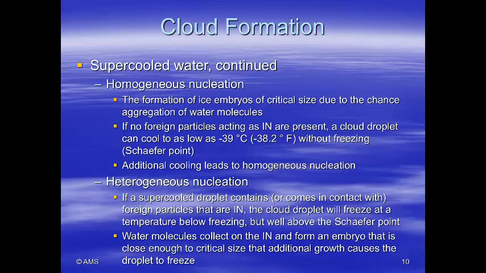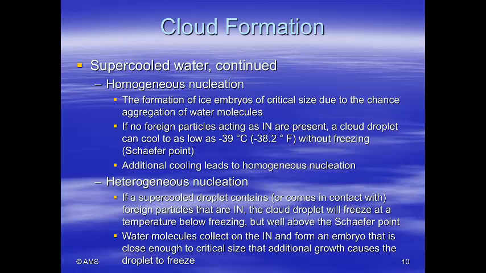By homogeneous, we mean that we're getting one form of droplets in the clouds, and in this case it'll be the ice embryos. Heterogeneous nucleation, we have supercooled water droplets, and they come in contact with foreign particles that are ice-forming nuclei.